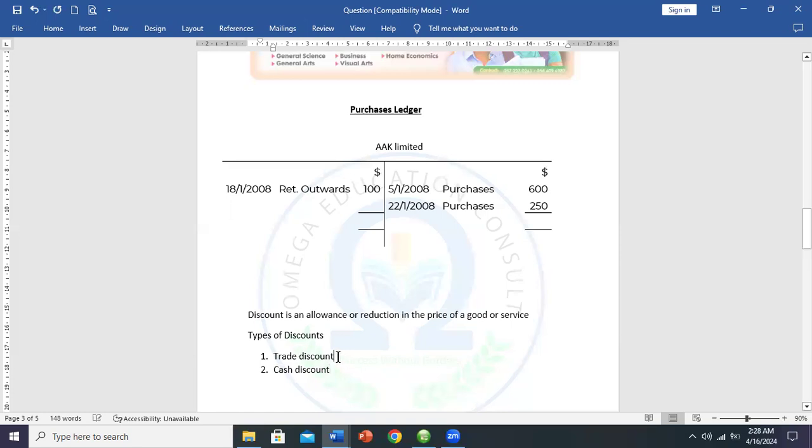Each of them has a reason for its name. So when we talk of the trade discount, this is an allowance or a reduction in the price given for bulk purchases.